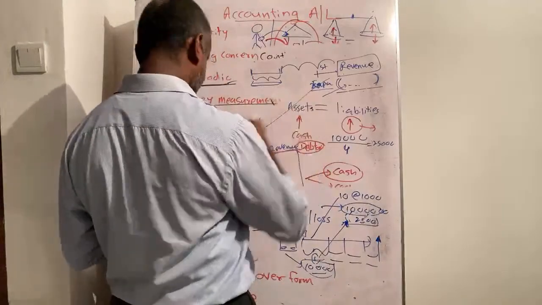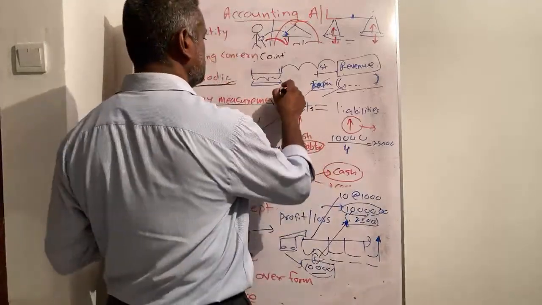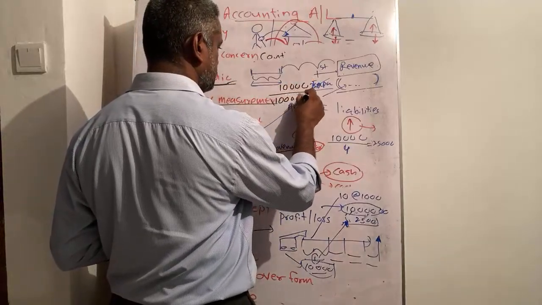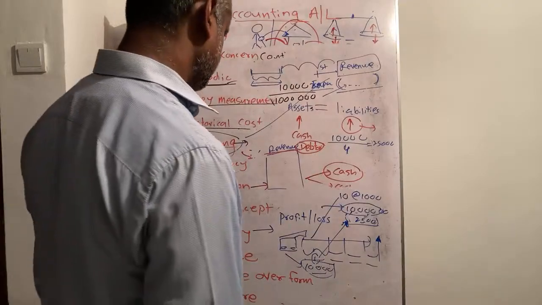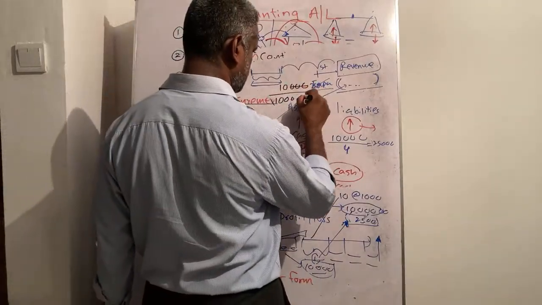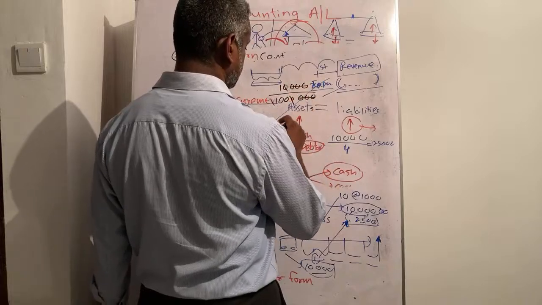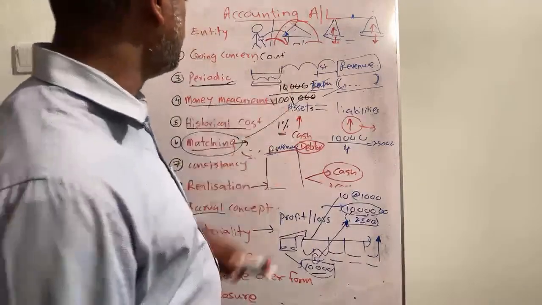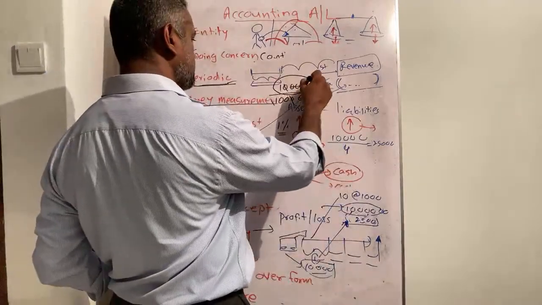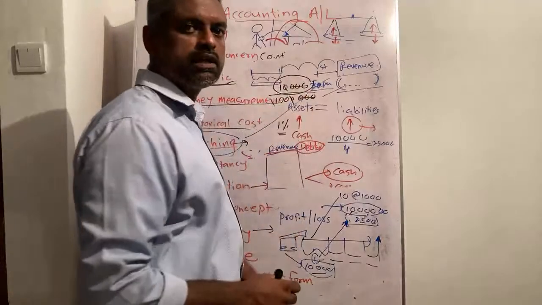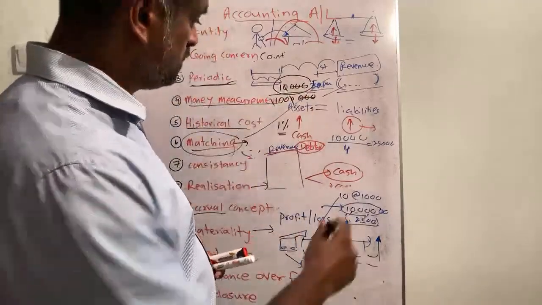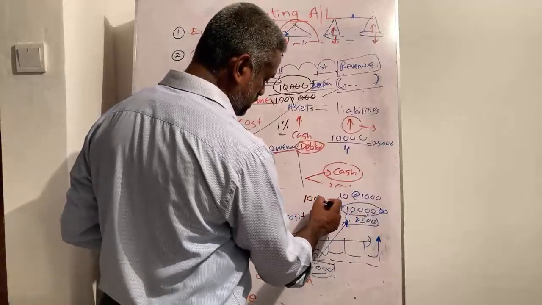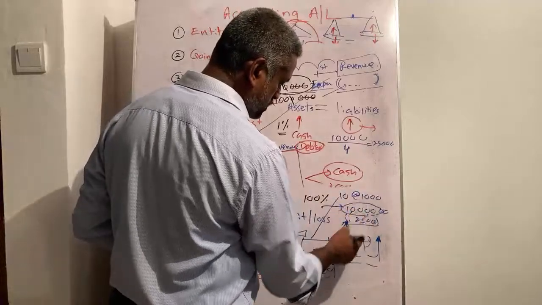For example, 10,000 divided by 1 million. What is the materiality here? Only 1%. The expenditure incurred is only 1% of the revenue generated, so not material. In the earlier case, you had 100%: your revenue is 10,000 and your puncher is 10,000.